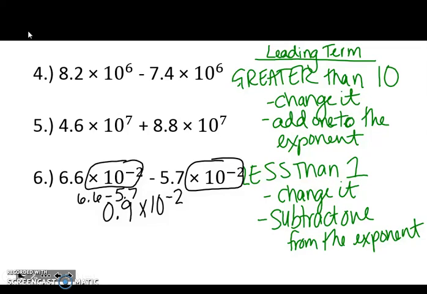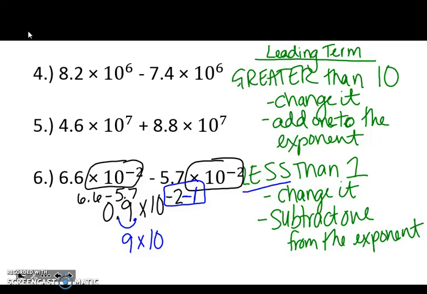Since 0.9 is less than 1, we need to change it so that it's between 1 and 10. And then I'm going to subtract 1 from the exponent. Now you have to be careful. Integer rules will apply here.